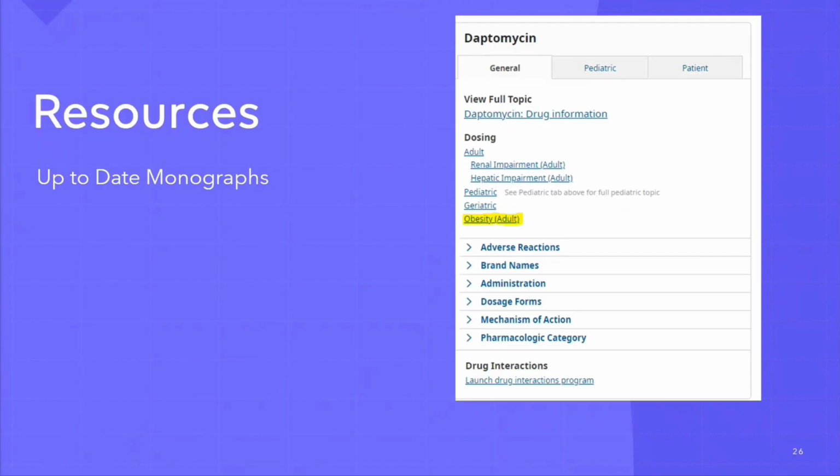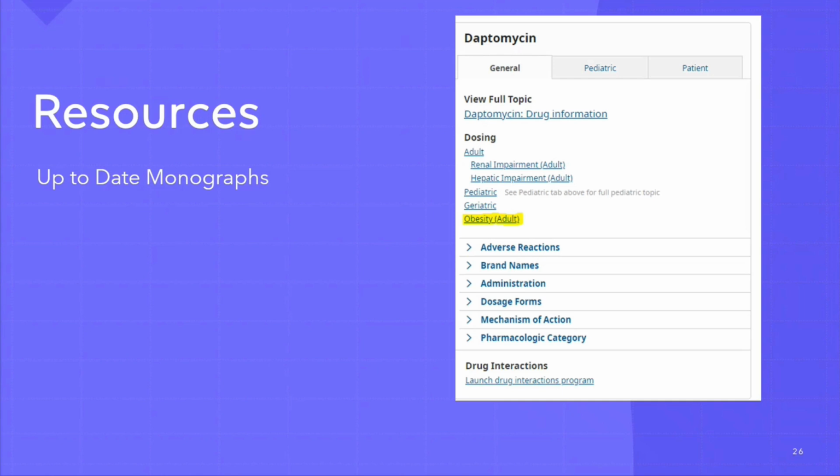So then something that's maybe a little bit more accessible or sort of an everyday resource, of course, is UpToDate. It has monographs on agents, and it's actually connected with Lexicomp, which I find to be a very well referenced drug information resource. And so you can see, if you're simply searching in UpToDate for a specific agent like daptomycin, it's very easy to see if there are specific dosing recommendations for obesity.